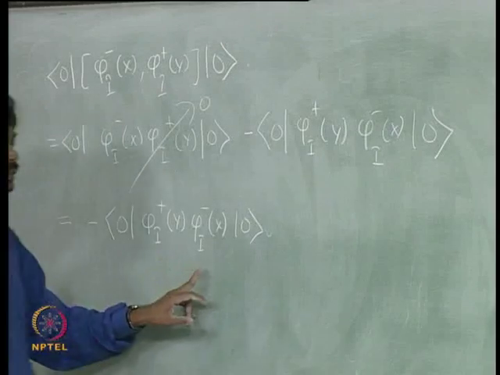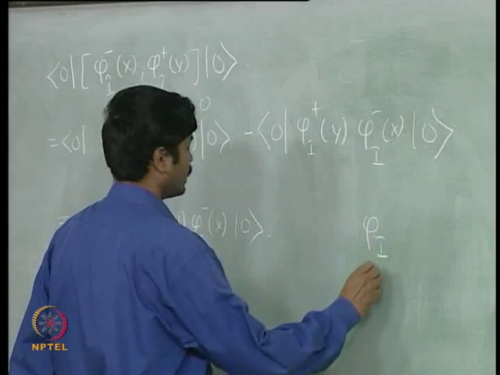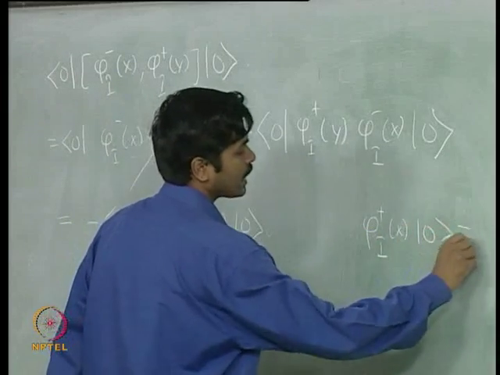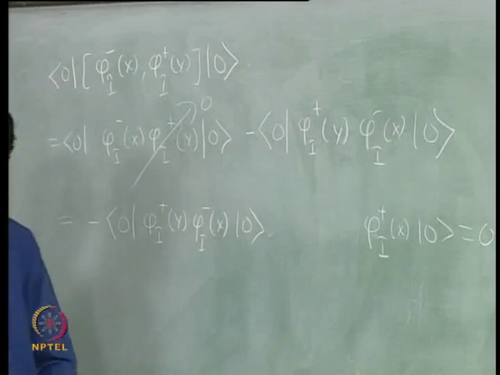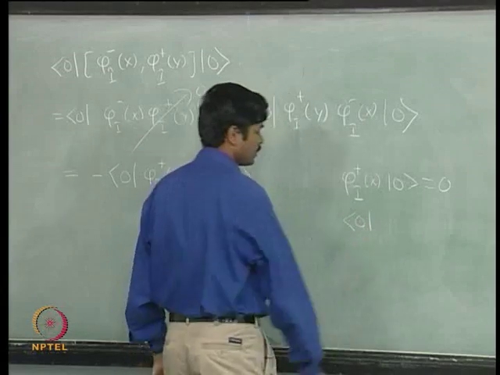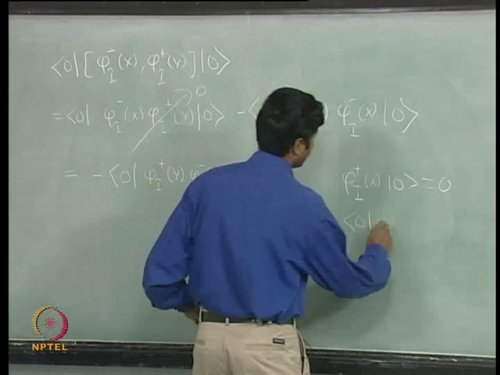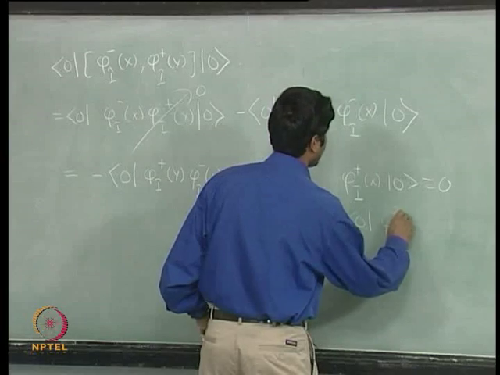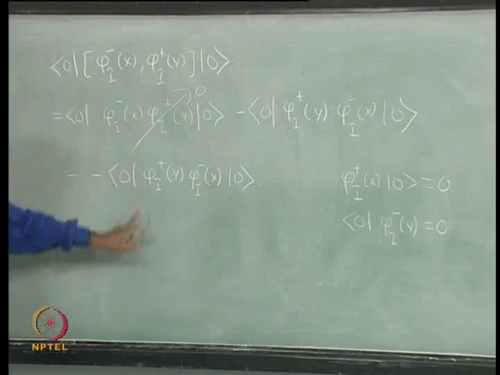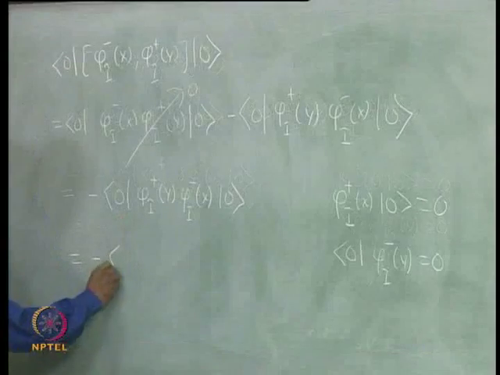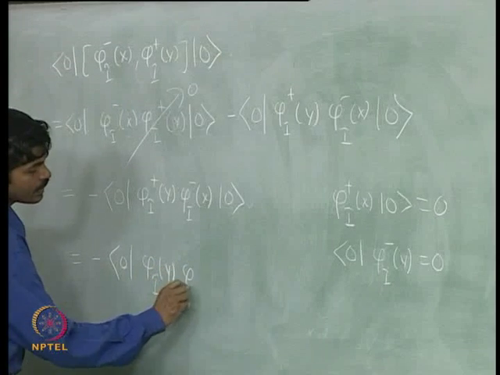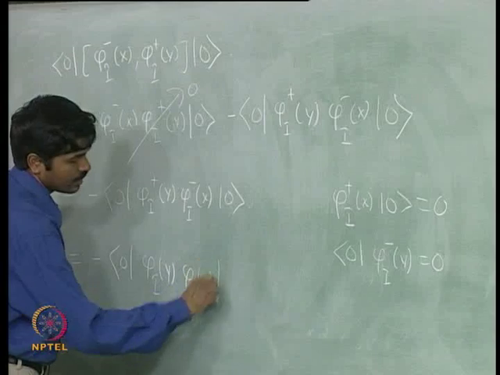But since phi I minus of x acting on phi I plus x acting on vacuum is 0, and also if you consider the left action of phi I minus of y, this is also 0. Therefore, I can write this as minus vacuum expectation value of phi I y phi I x.